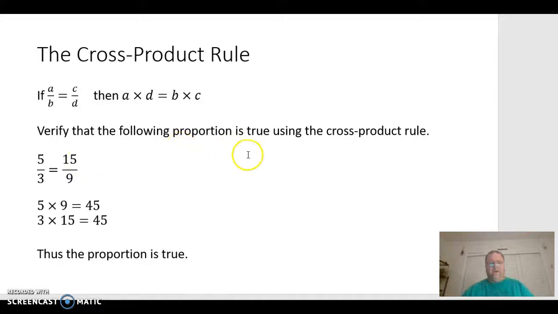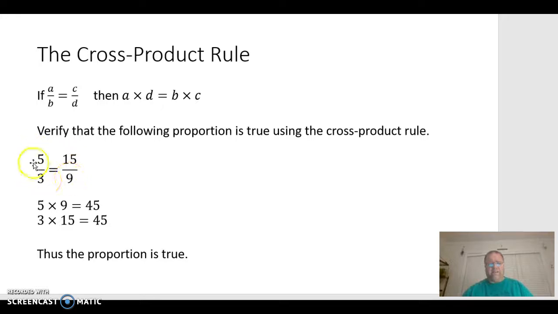So verify that the following proportion is true using the cross product rule. If we have two ratios and they're set equal, how do we verify that this is actually a proportion, that these two ratios are equal to each other? Well, we can verify that using the cross product rule, because when we cross multiply, 5 times 9 should equal 3 times 15.